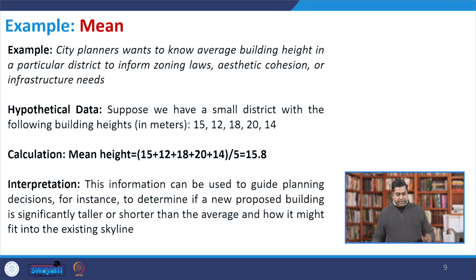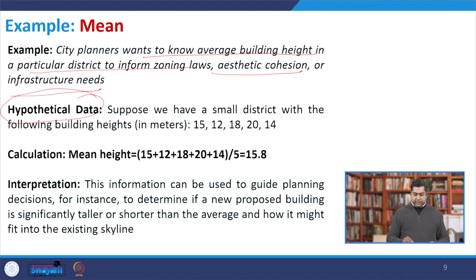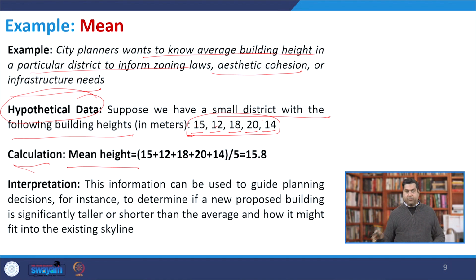Now, take up one example for the mean. Say city planners want to know the average building height in a particular district to inform zoning laws, aesthetic cohesion and infrastructure needs. Hypothetical data in this case: suppose we have a small district with the following building heights, varying at 15 meter, 12 meter, 18 meter, 20 meter and 14 meter. The calculation is that the mean height is the summation of all of them divided by 5, because these are 5 data points.